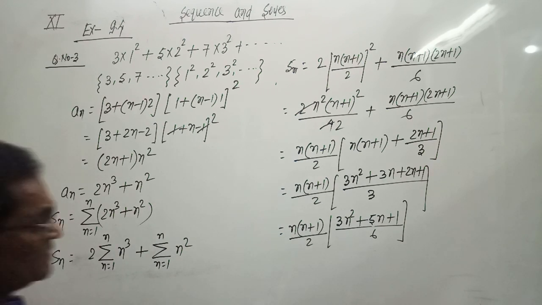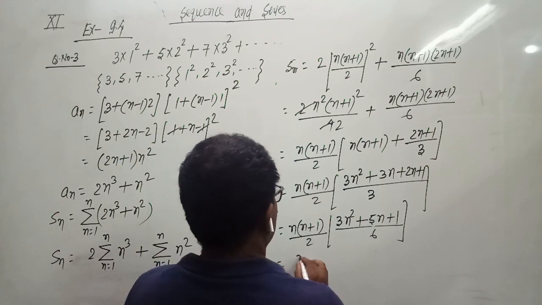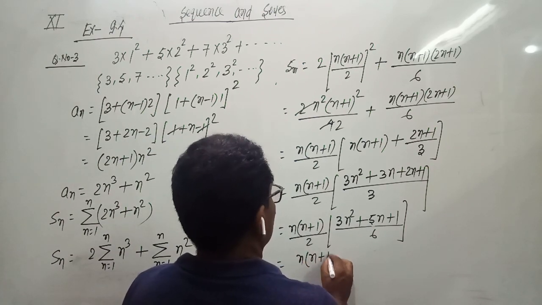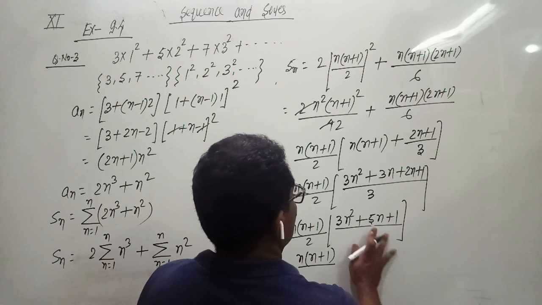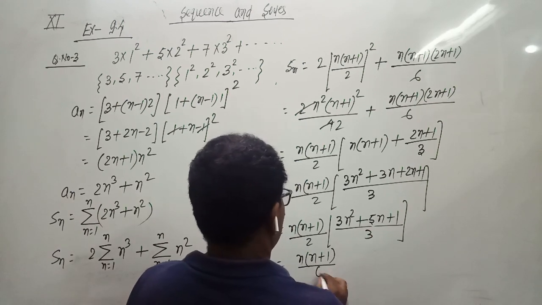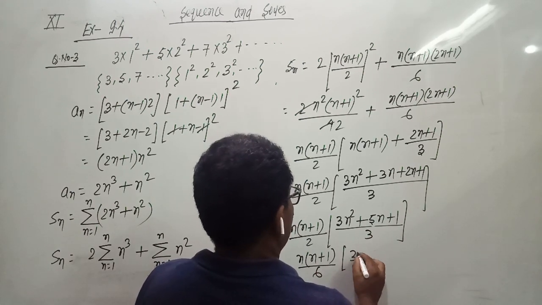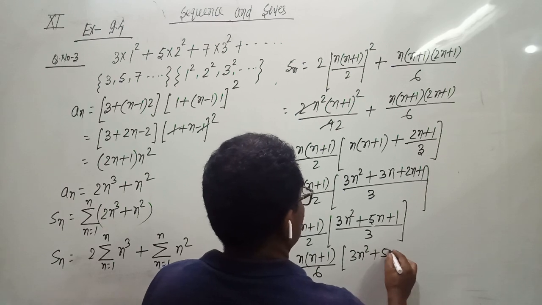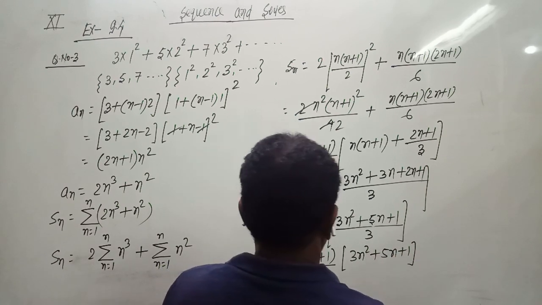So n into n plus 1 upon, here also comes 3, 3 into 2, 6, and 3n square plus 5n plus 1. So this is the sum to n terms.